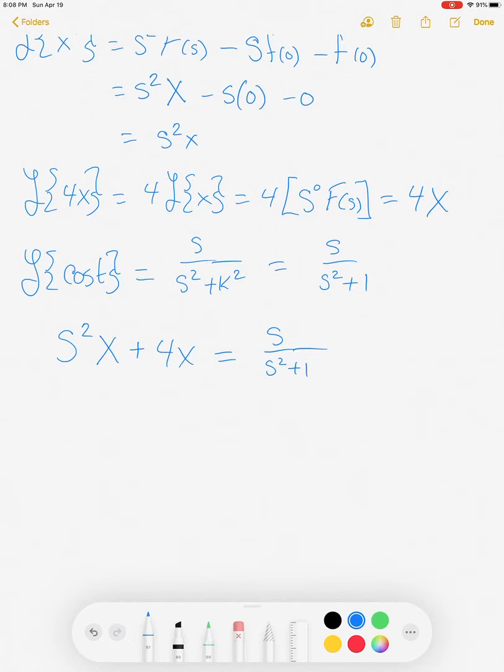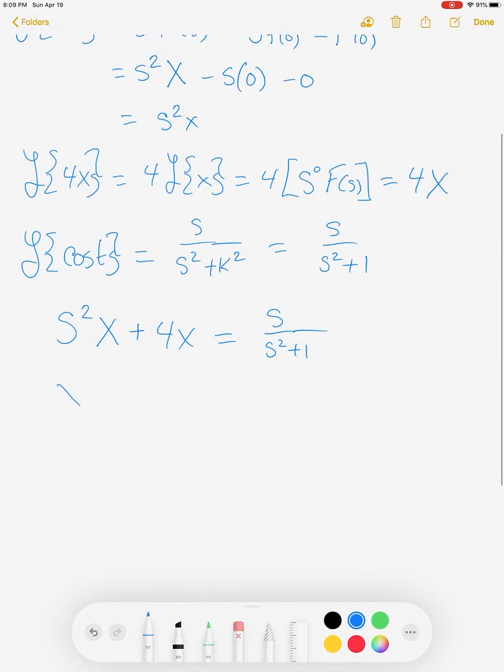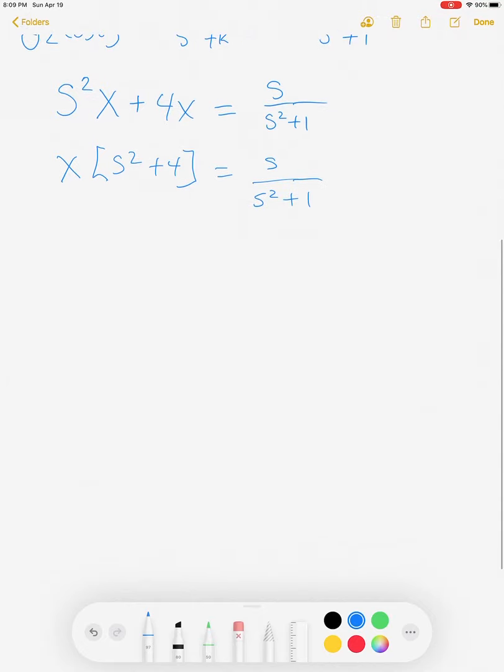And so if I solve this for X, I get X times s squared plus 4 is equal to s over s squared plus 1. And that is equal to X is equal to s over s squared plus 1 divided by s squared plus 4.